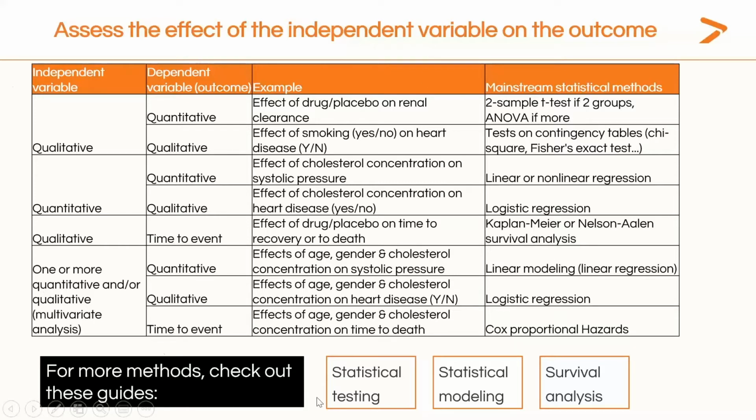So this guide is a kind of wrapper of 3 statistical guides, which are much more expanded than this, and which are available for free on the XLSTAT website, so you can check them out. There's one for statistical testing, one for modeling, and one for survival analysis.